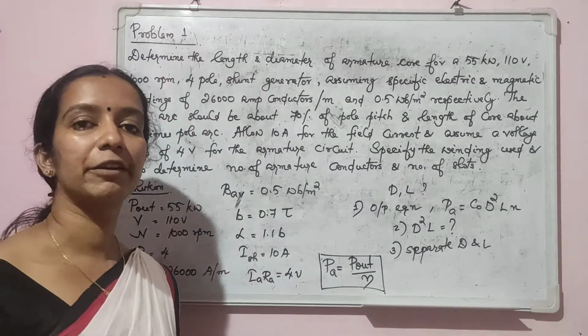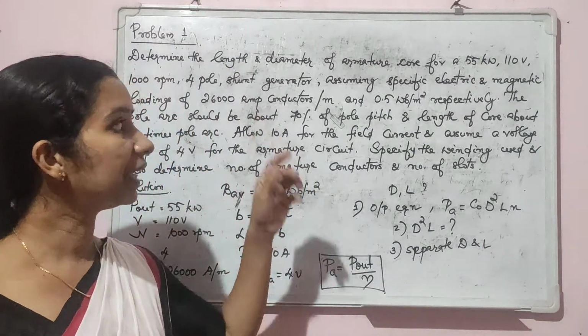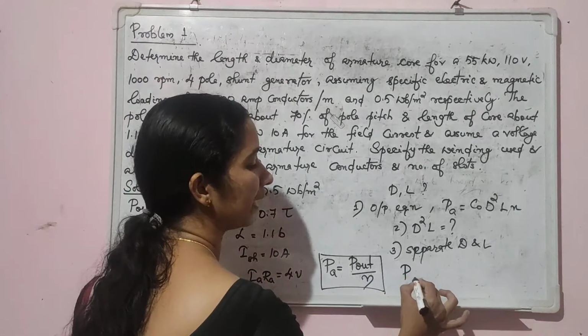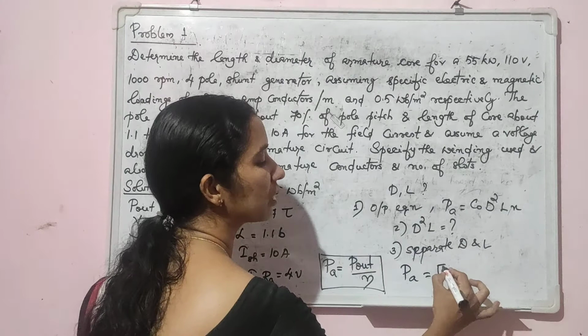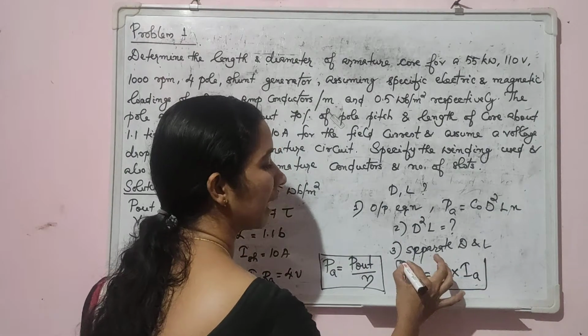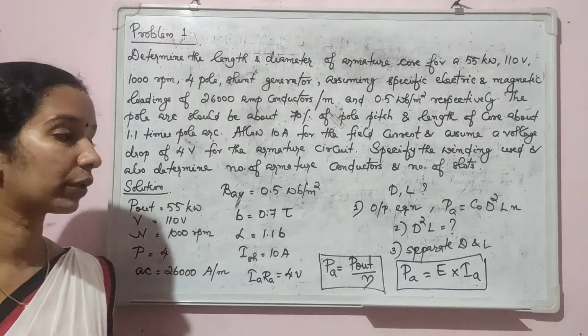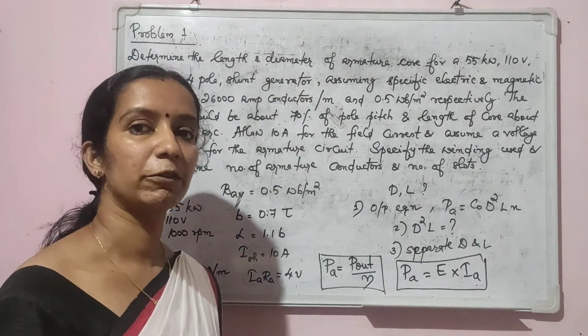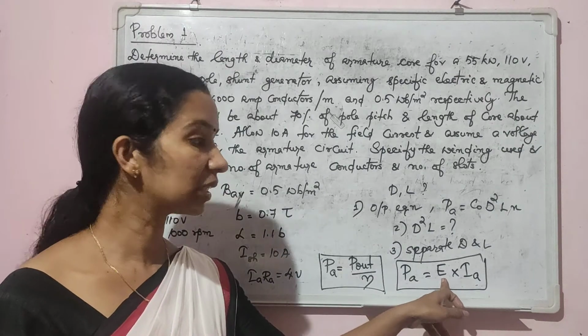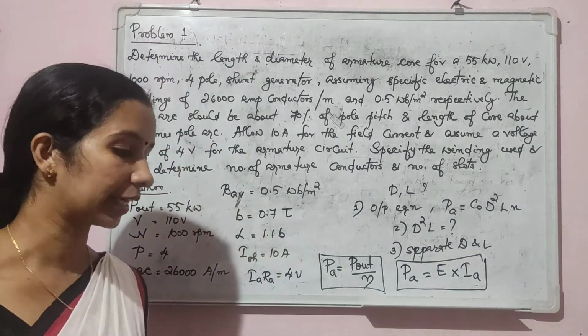But in this question, efficiency is not given. So we have to calculate the power developed in the armature Pa as the product of induced EMF in the armature and armature current. So we need the value of induced EMF as well as the armature current.